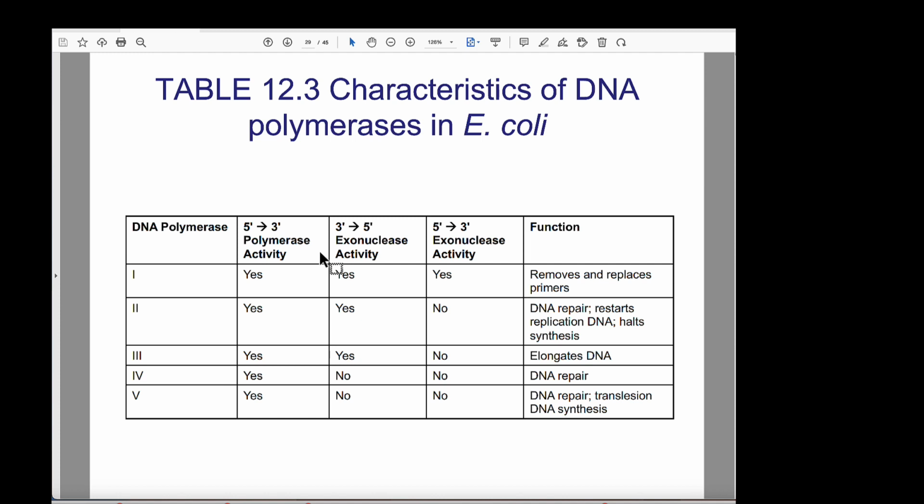But you also have 3 to 5 prime exonuclease activity, which is associated with the removal of bases and also repair mechanisms. So I want you to pay attention to the exonuclease activity because that's going to be essential in the DNA repair.